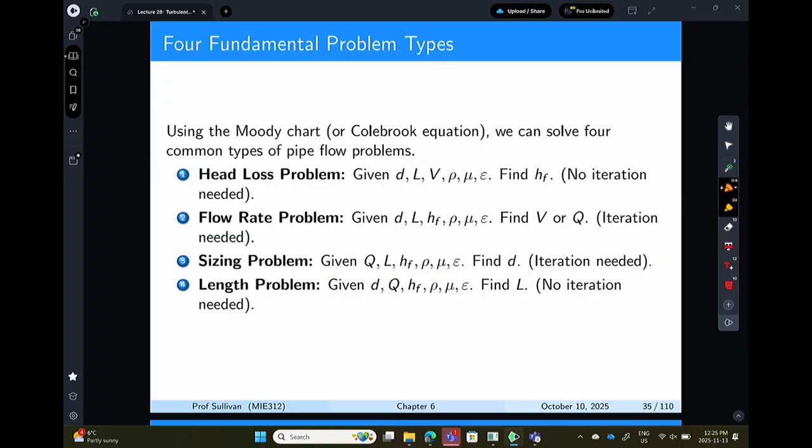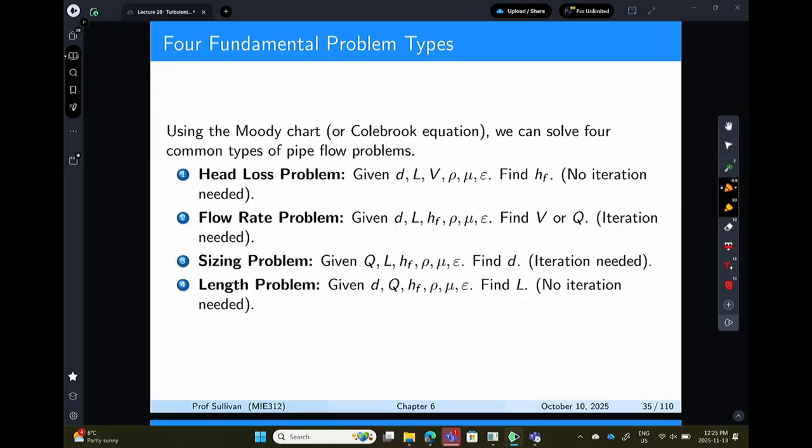Head loss problems, you are asked to find head loss, and you're given all the other parameters. Flow rate problems, find V or Q, you're given all of the rest of the parameters. Sizing problems, given all the rest of the parameters, find D. And then finally, length problems, no iteration needed.